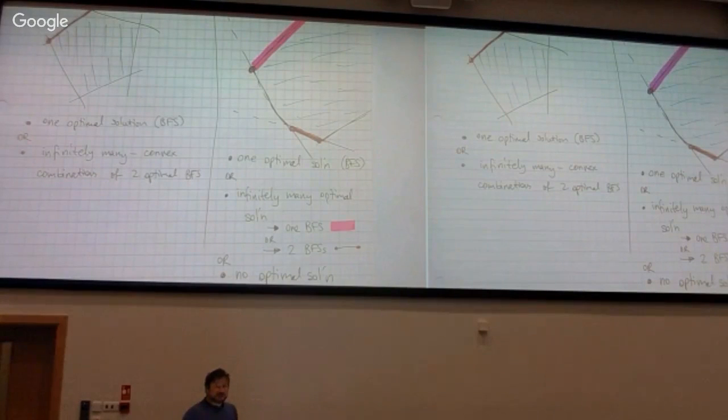It's hard to visualize, because if you have a four-dimensional set of optimal solutions, it's hard to draw in a 20-dimensional space. Any questions about this?